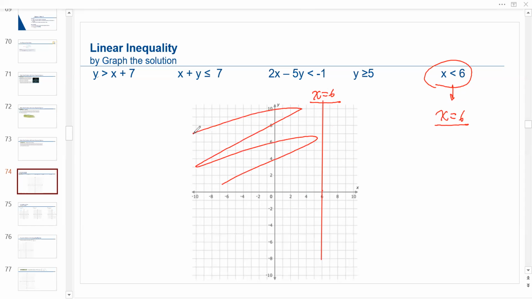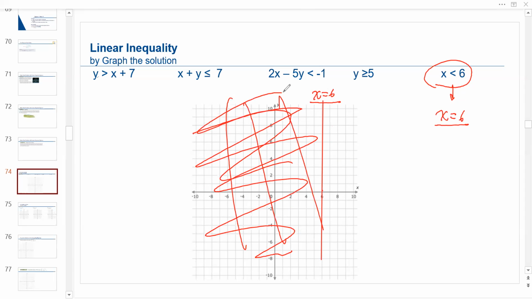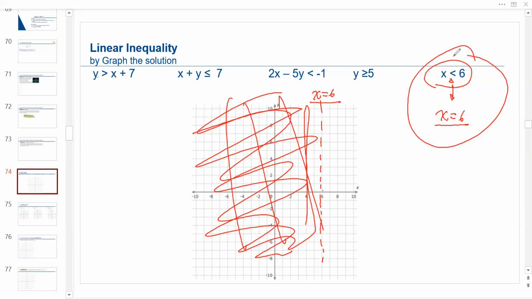So it should be this area. This area is what actually is needed. Does it include the edge line? Nope. So we have to erase this part, change it into a dash line. Dash line. They're not including the right part, right? That's it. Okay, so that's all.